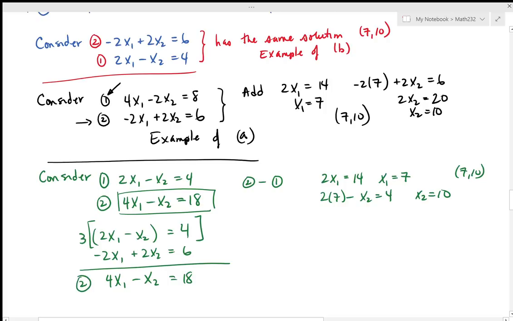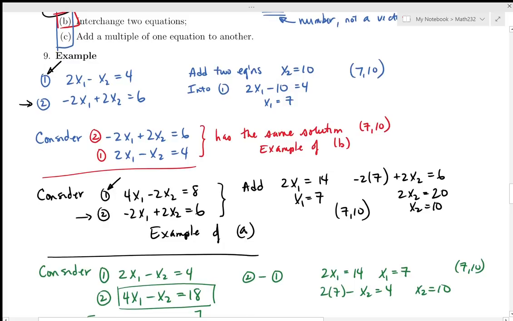So of the original equations that I had, I took 3 times the first one and added the second one. That's an example of C: add a multiple of one equation to another.